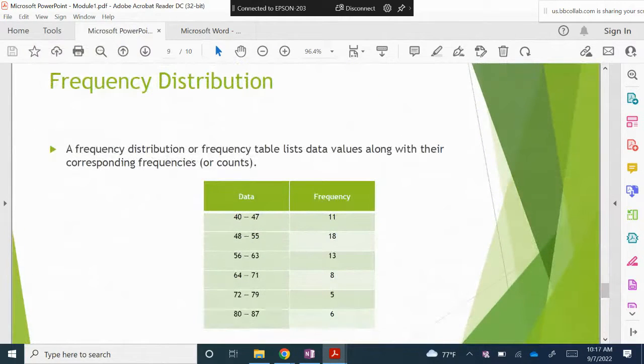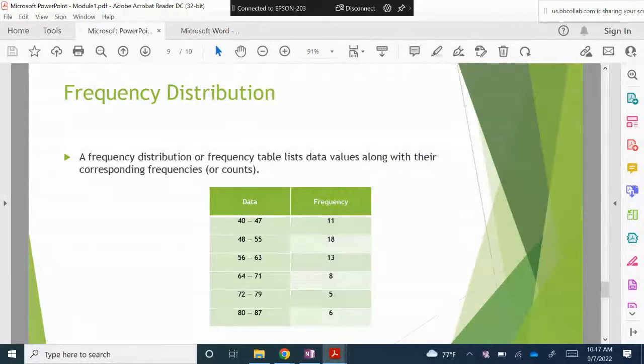All right, so the last part of this first half of the module deals with a frequency distribution. I just want to describe what a frequency distribution, or frequency table, is. It's basically just a table of frequencies or counts.